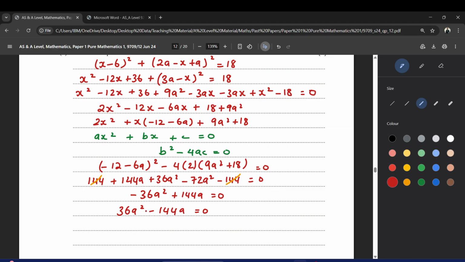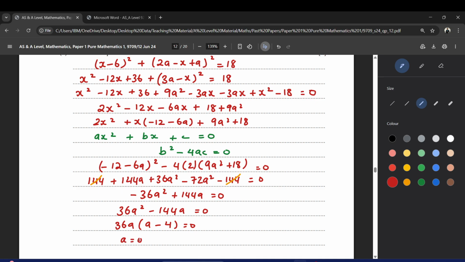I can factorize a, as well as I have to see if 36 is divisible by 144? Hang on a minute. Yes, it is. So I can take 36a outside. I can factorize it. So I will be left with a minus 4 equals to 0.